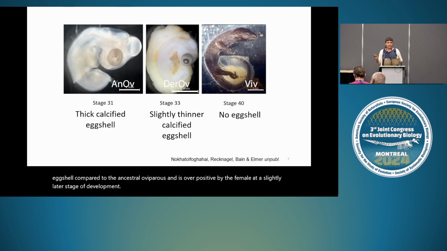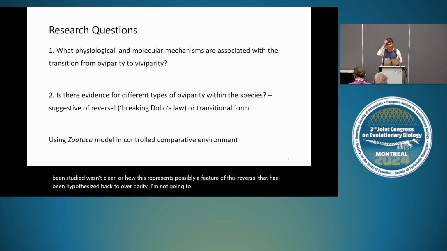But whether this is due to some environmental variations in the natural populations that had been studied wasn't clear, or how this represents possibly a feature of this reversal that has been hypothesized back to oviparity. I'm not going to talk a great deal about that aspect today, but we are going to focus instead on some of the physiological and molecular mechanisms that are associated with this transition from oviparity to viviparity using this system.